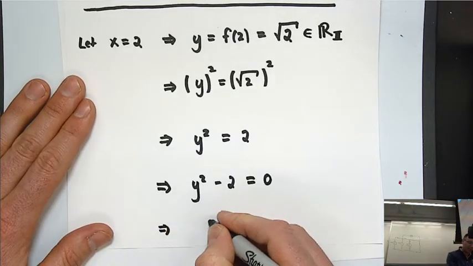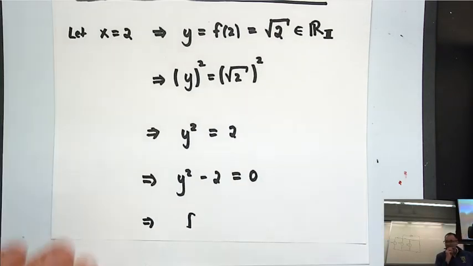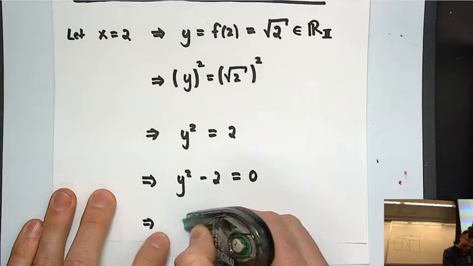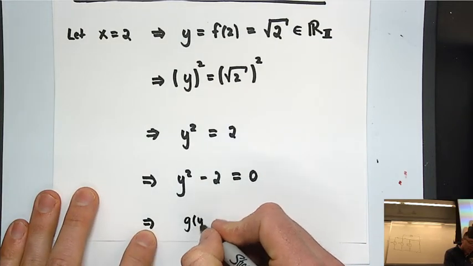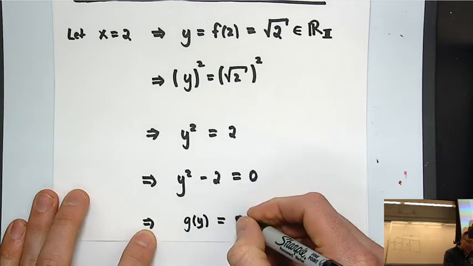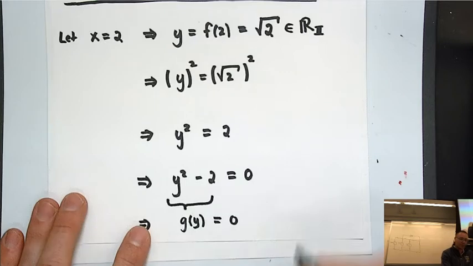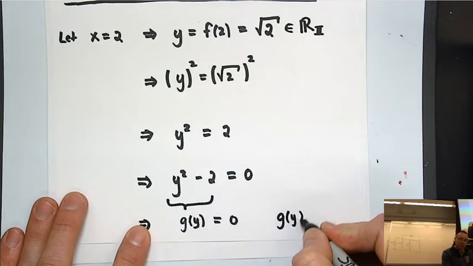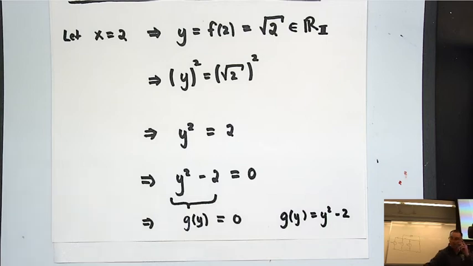Which would mean we'd have some new function where I'm putting in an input and getting 0. So this thing right here, g of y, is going to be the function y squared minus 2.